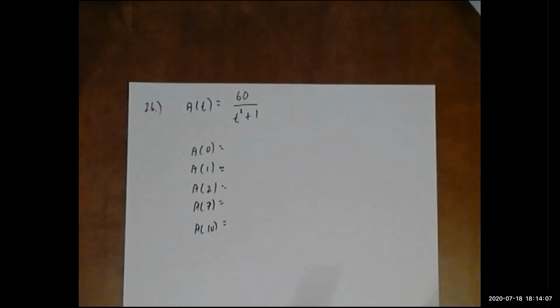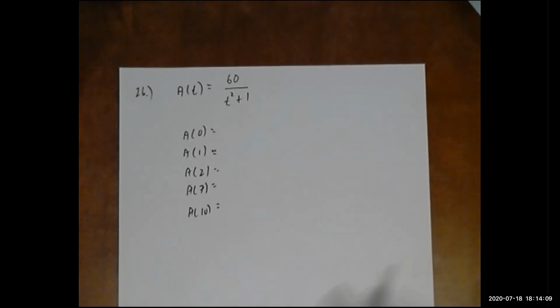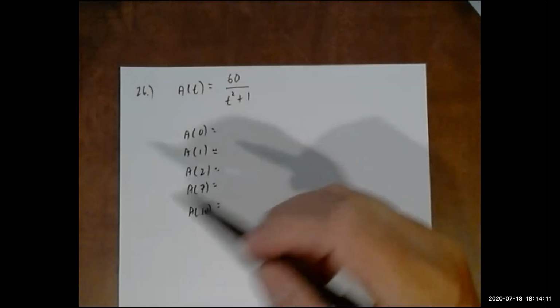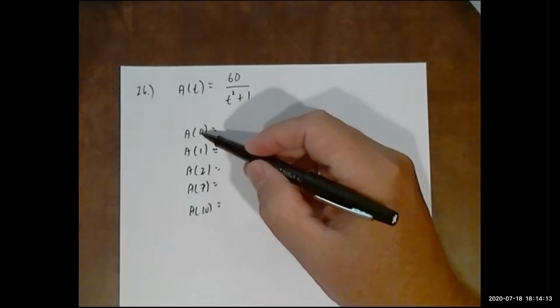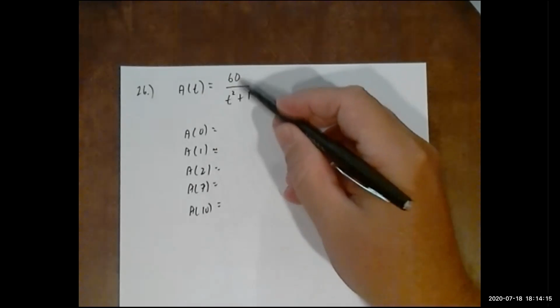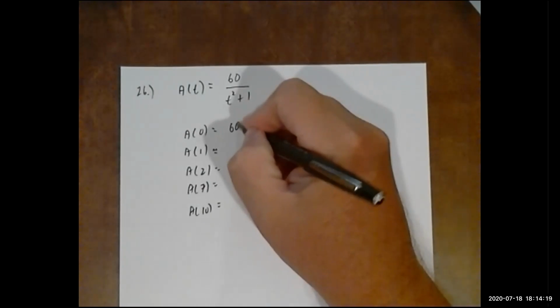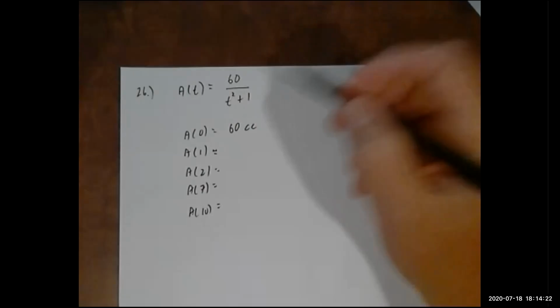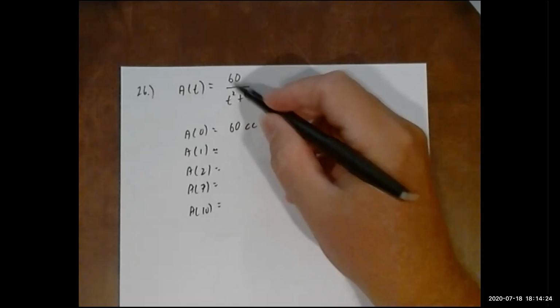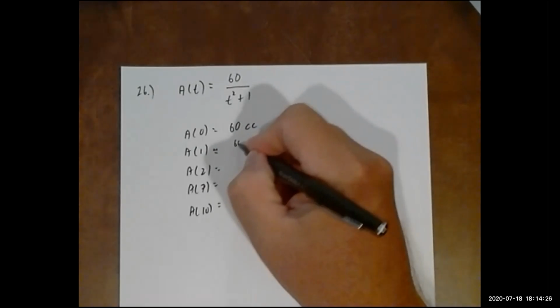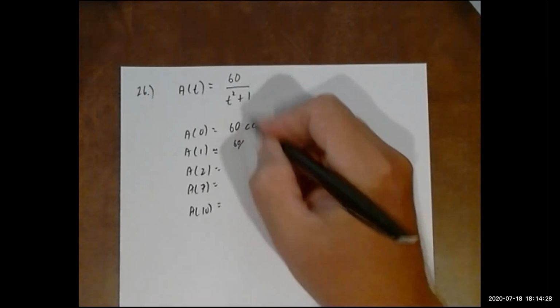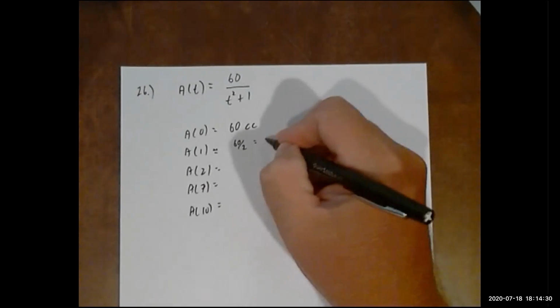So basically, we have this equation. We want to find the amount of medication at 5 different times. So you plug in 0 for t up in here, and you get 60 over 0 plus 1. That's pretty straightforward, 60. And of course, the units are cc's. You plug in 1. 60 over 1 squared plus 1 is 60 over 2.